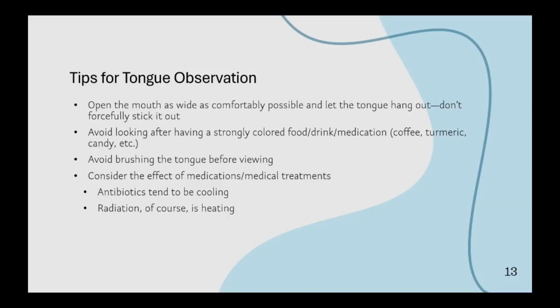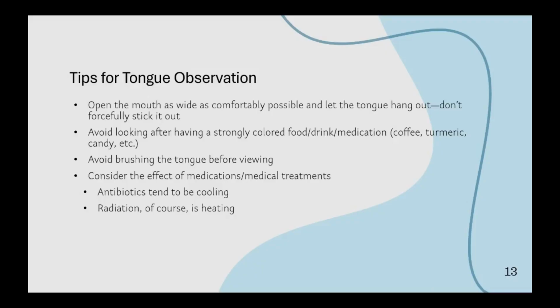Ideally, you want to look at the tongue when someone has not just had a strongly colored food, drink, or medicine. Coffee can give it a yellowish tinge. Of course, turmeric can give it a yellowish tinge. Candy can change the color.